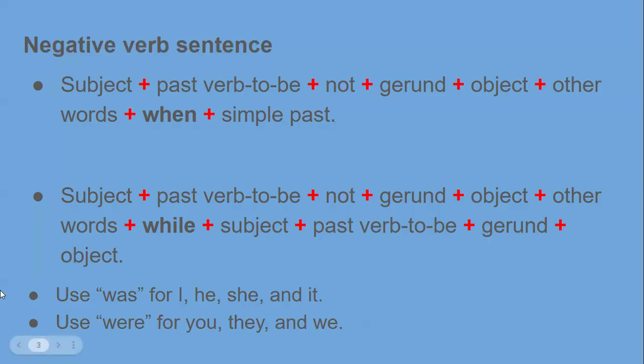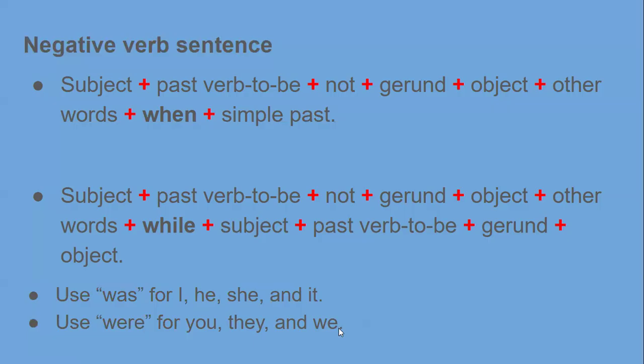And then, as you know, of course, with the rules, we use the past verb to be was for the subject I, he, she, and it. Okay? And then you use the past verb to be were for the subject you, they, and we.